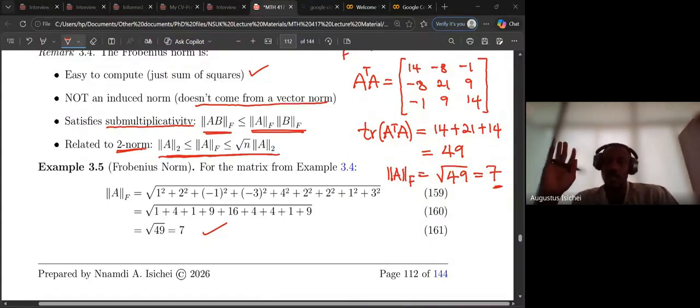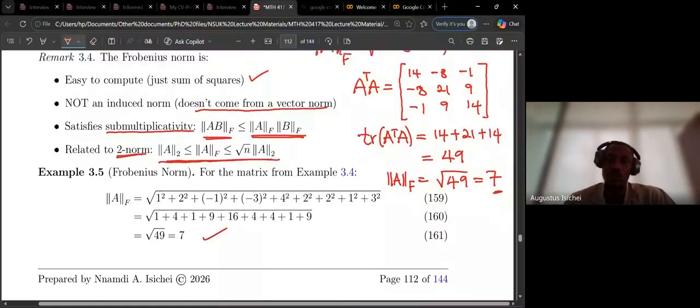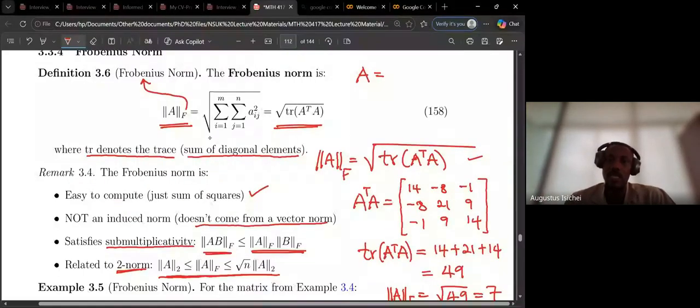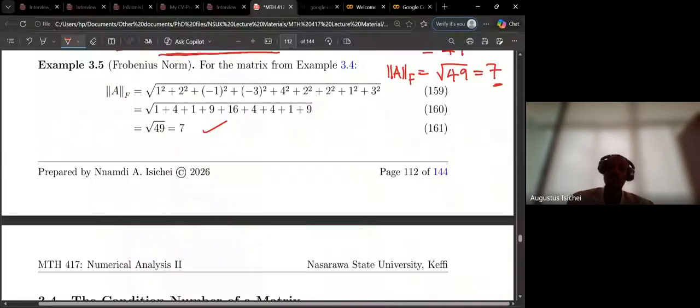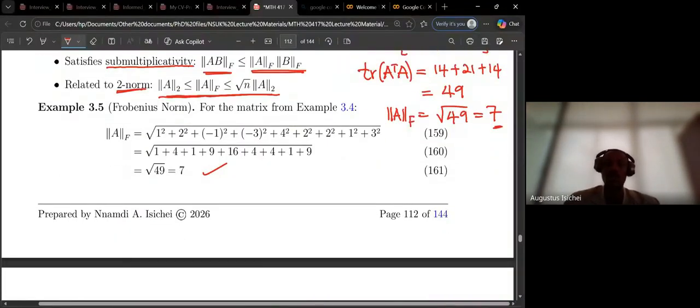Can you see that? So with two different methods, we arrive at the same answer, and that is also gotten from the formula. We said it is the summation of all the a_ij squared, which is equal to the trace of A transpose A. That's all about the Frobenius norm.